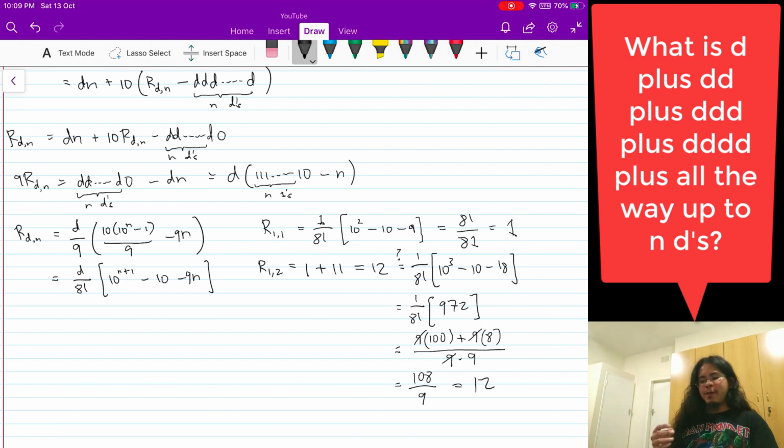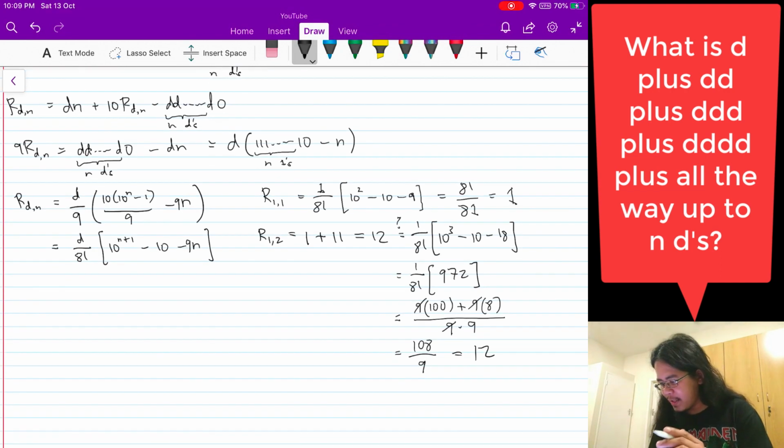So in this case, we picked the digit 1, and n equals 2. So we obtained the repeated sum, which is equal to 12. And in fact, the amazing thing is, let's not make D equal to 1.